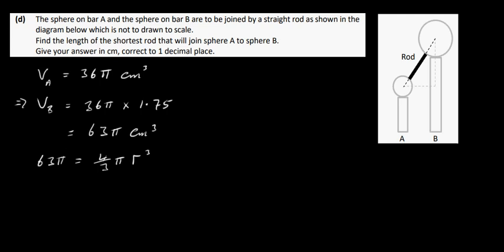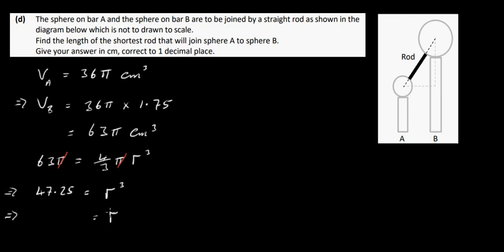First of all I've got a pi on both sides, so I'm just going to divide across by pi. Next thing I'm going to do is multiply across by 3 and then divide by 4. So that will give me r cubed. Okay, so what that gives me is 47.25, and finally I've got to get the cubed root of both sides.